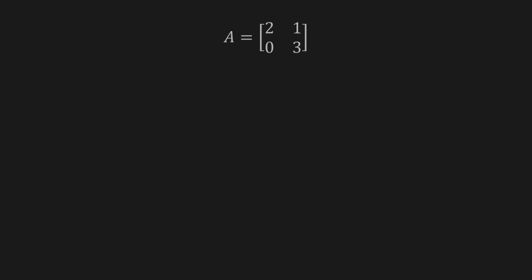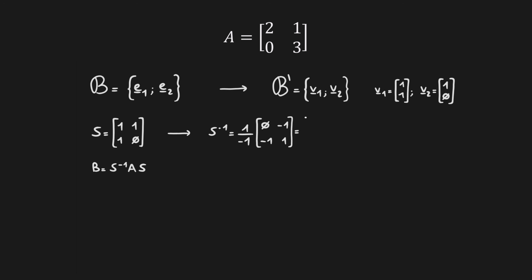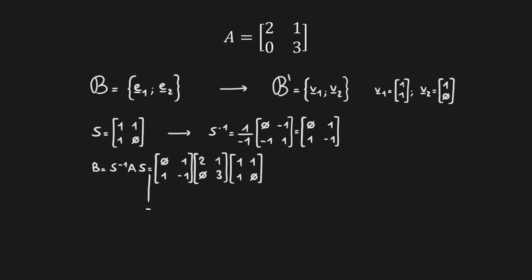Let's see this for a simple example. So we found that matrix A is similar to matrix B, which is a diagonal matrix.